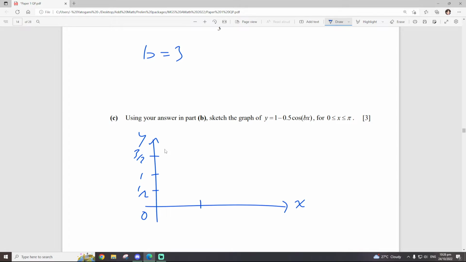So let's see what happens. Maybe draw it a bit smaller. This is going to be pi over 3, 2 pi over 3, and pi itself. So we start here, and it will attain its maximum value here. Okay, then it will come back down, something like that, and then it will go up again.